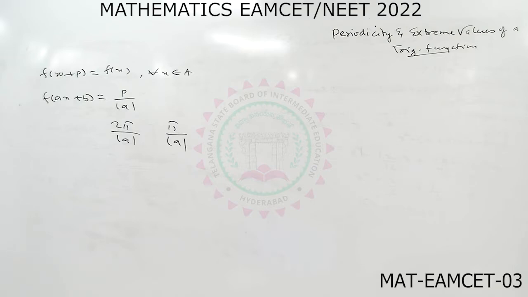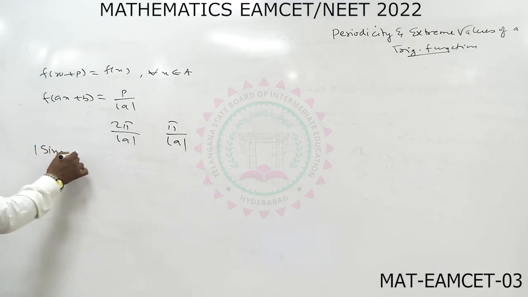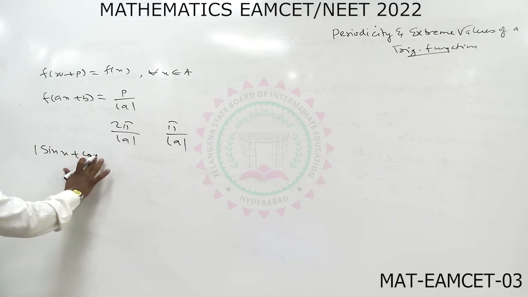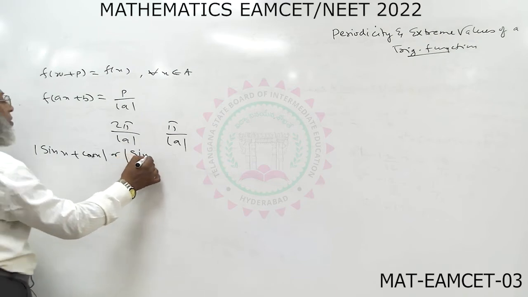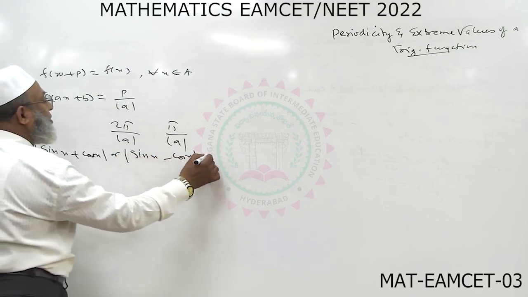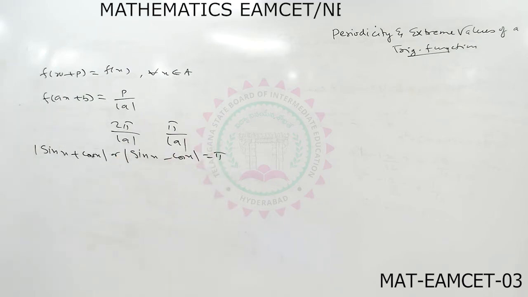Then some standard points you have to remember. The period of sin x plus cos x, or sin x minus cos x, is equal to pi.